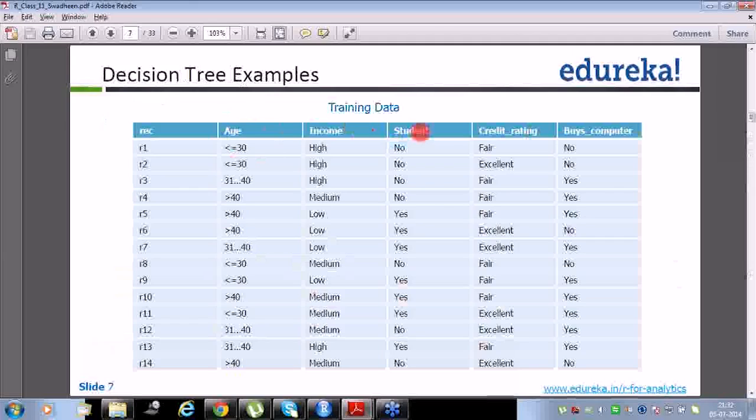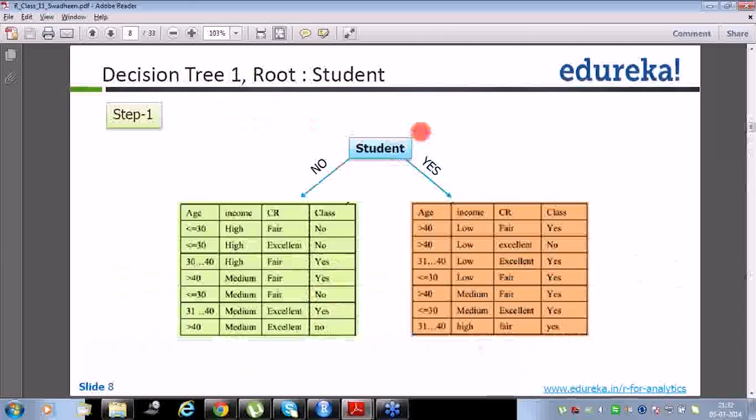Now student is divided into 2 nodes. Again the question arises for this no category here, let's say it is again a root node in this situation. Then again the algorithm does the same calculation by taking age, income, CR as a root node, assumed to be a root node, and goes further, right?